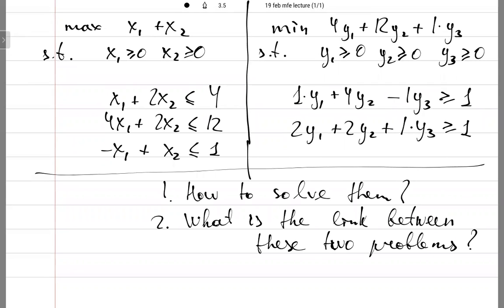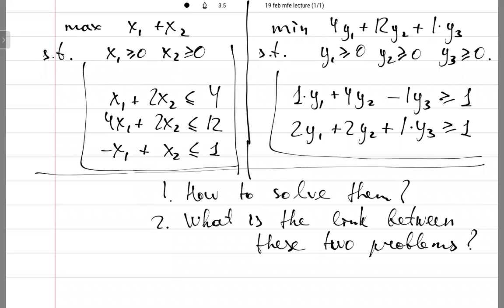Excuse me, am I right that it is our constraint, after x bigger than 0, there is x1 plus 2x2? Is it a constraint or what? Yeah. All these are constraints. Okay, thank you.